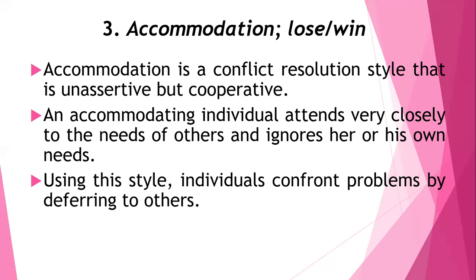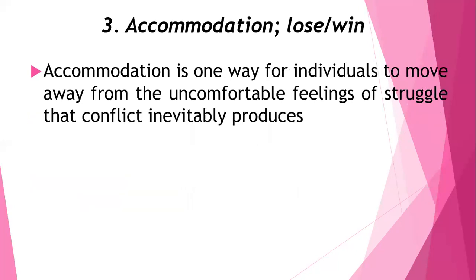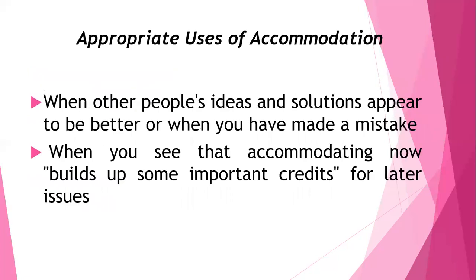Using this style, individuals confront problems by deferring to others. How appropriately can one use accommodation? Usually, when other people's ideas and solutions appear to be better, or when you have made a mistake, people would tend to use accommodation. When you see that accommodating now builds up some important credits for later use, this method can be employed.